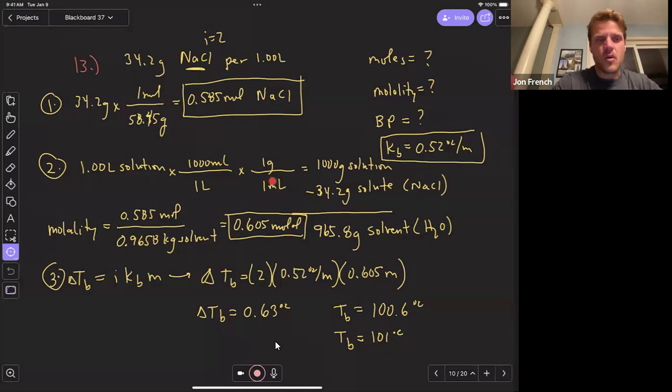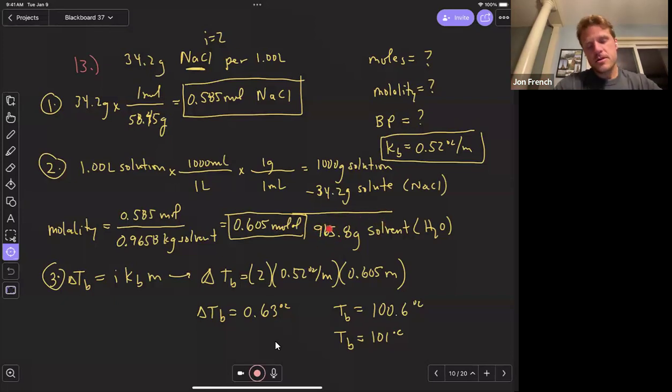We know it's not, salt water should be more dense, but whatever. 1 liter is 1,000 milliliters, which would be 1 gram per milliliter, the density of water. 1,000 gram solution, full solution. Subtract my 34 grams of sodium chloride, leaving about 965.8 grams of solvent, just the water.